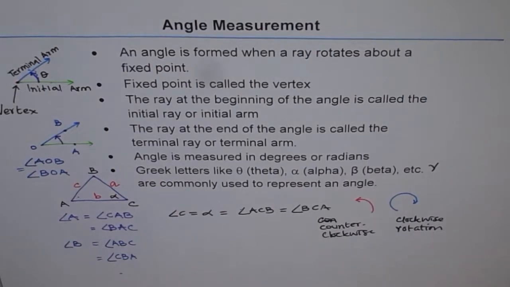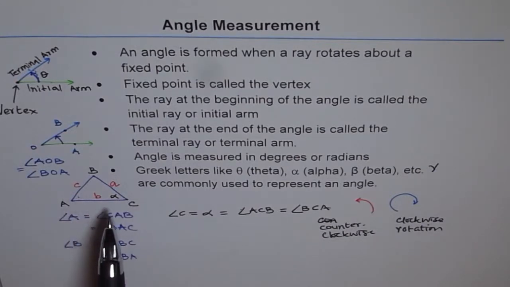You'll soon learn that counterclockwise is always treated as positive when we are measuring angles in a different format, and clockwise gives negative angles, which we'll talk about soon. But in general, here angles are the same whether we say ABC or CBA.